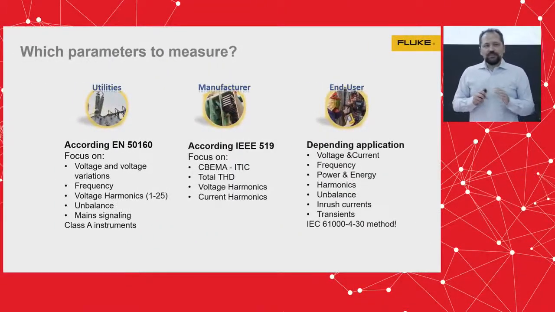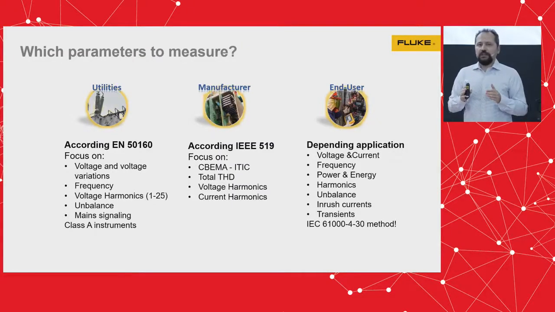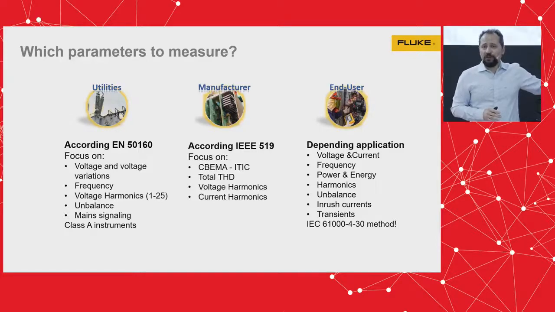There are different regulations depending on which party. Basically, there are standards and regulations that we need to stick to, and the measurement equipment needs to comply with them. If there is a power quality issue coming from the utility, from the power supply, I can go to the power utility and tell them, hey, this is what I measured.